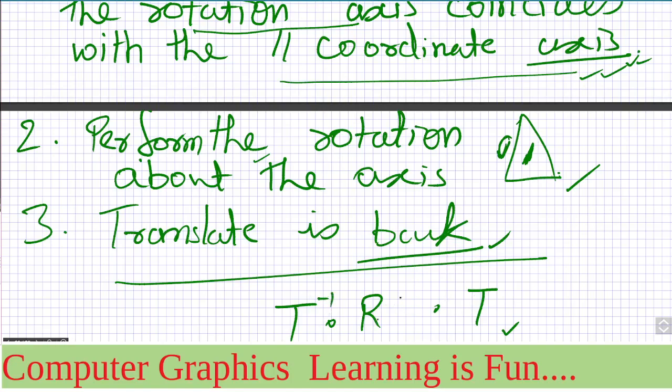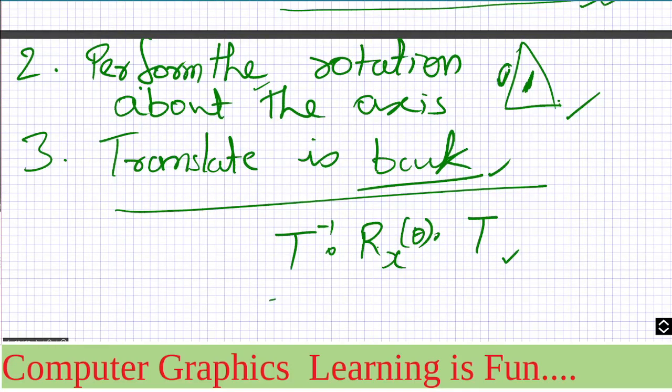The rotation will always be with some angle and about some axis, so suppose it is about the x-axis. Such a thing can be your composite matrix.